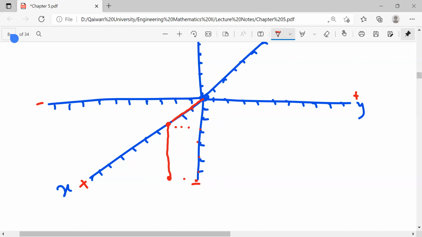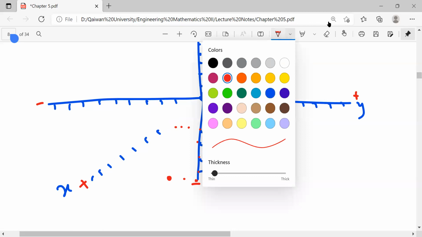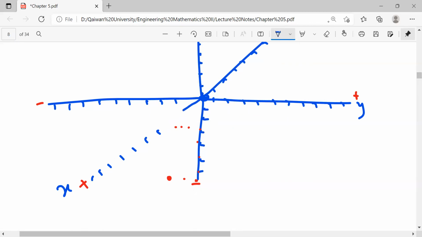We move 4 units down parallel to the z-axis. So this point is 3, 0, and -4.